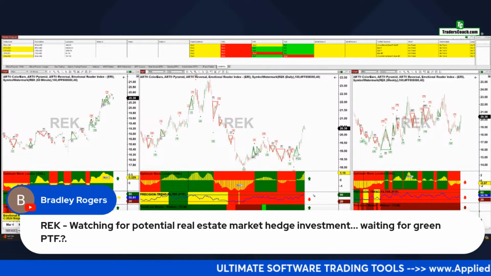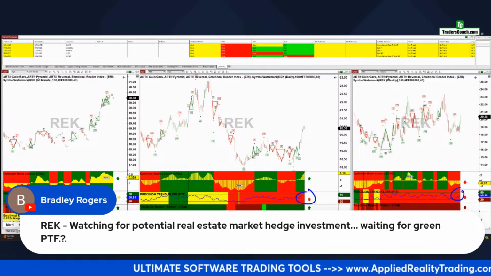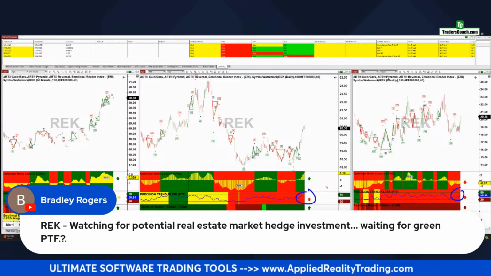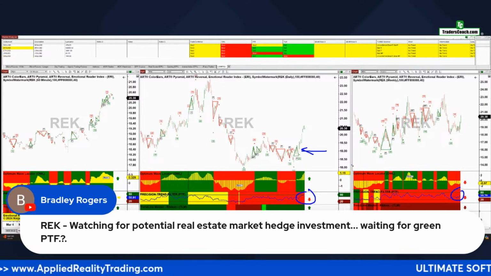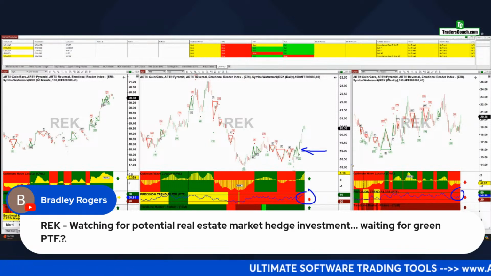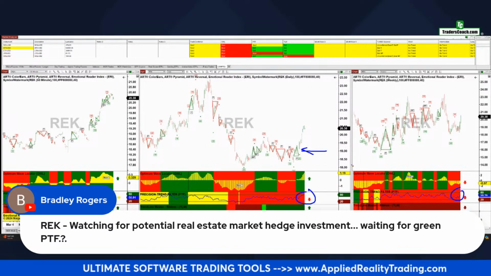But like you're saying, I can't go against these PTFs, okay? So even if I get a long trade signaled by a pyramid indicating some form of a breakout, if those PTFs are red, that breakout is kind of indicating a false breakout.